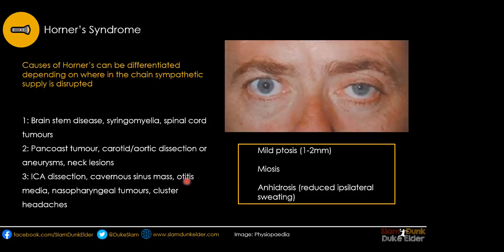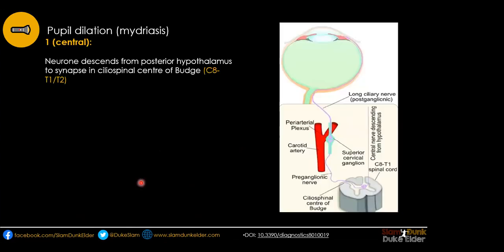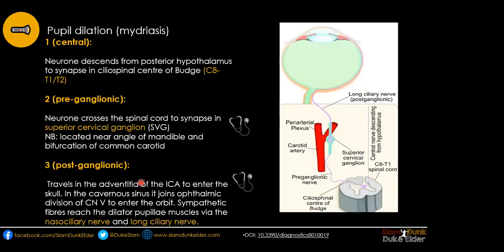Some people have said it's because the infection disseminates along the lymphatics. Others have postulated that it's to do with the connection between the sympathetic supply in the ear and the internal carotid artery. Nasopharyngeal tumours and cluster headaches as well. Okay, and that's just repeating what we've said a little bit earlier.